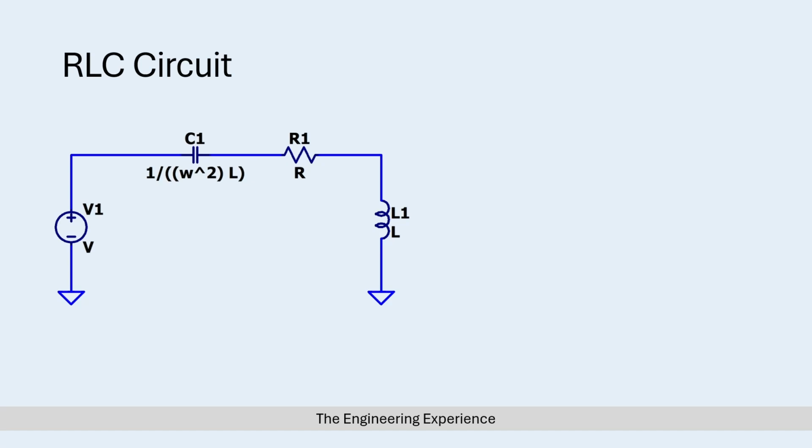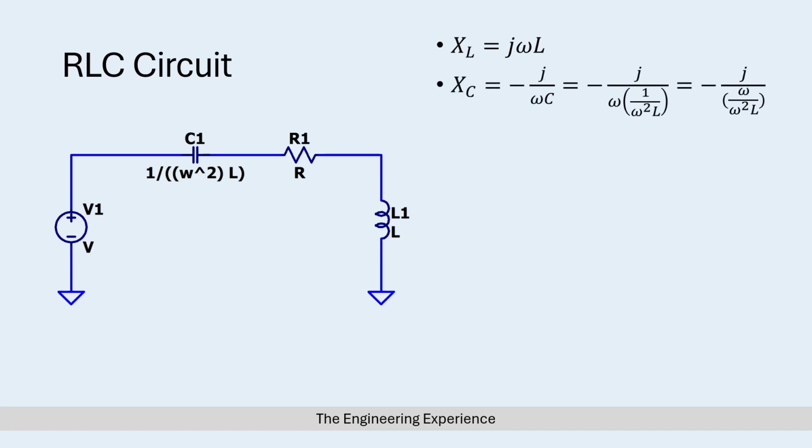So let's look at this circuit in more detail. The impedance of the inductor is equal to j omega L. And the impedance of the capacitor is equal to minus j over omega C. Our C is equal to 1 over omega squared L, so what I've done over here is replace the C with the value that's been given to us for the capacitance.